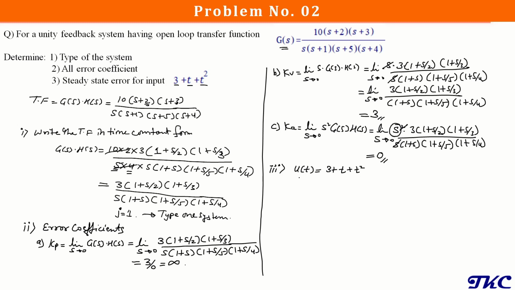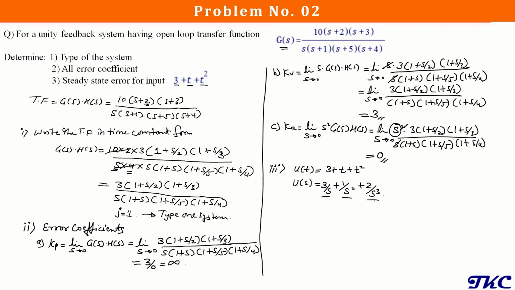By taking Laplace, we get U of s equal to 3 by s plus 1 by s square plus 2 by s cube. So from this expression we can make out that the input is a combination of a step input of magnitude 3, a ramp input of magnitude 1, and a parabolic input of magnitude 2.